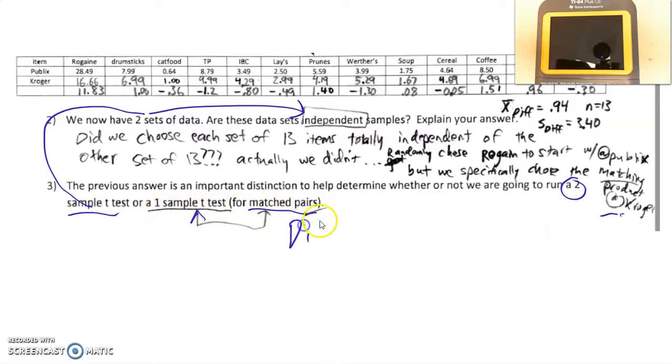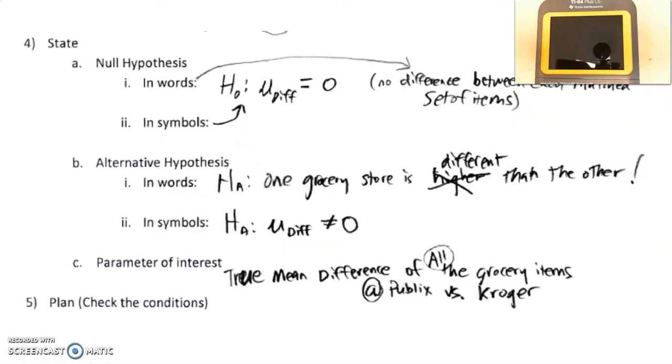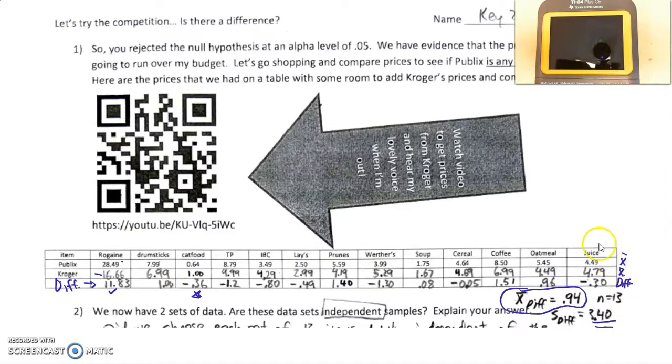All right, so that's going to be a big deal, being able to distinguish between these two. In a 2-sample test, I do just want to say that you can have the same number of items in each sample, but if they're independent, then it's a 2-sample test, and it's matched pairs only when they match up specifically.